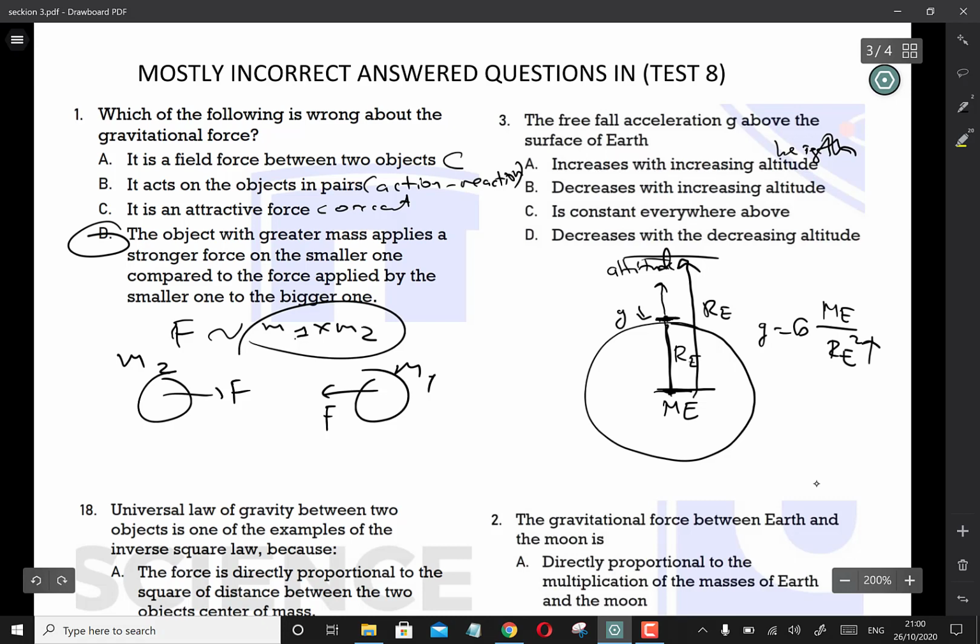When you go up into the sky, altitude increases, RE increases. Increasing RE, of course, causes a decrease in free fall acceleration. So the free fall acceleration g above the surface of the Earth decreases with increasing altitude. This is the correct answer. As RE increases, g decreases.